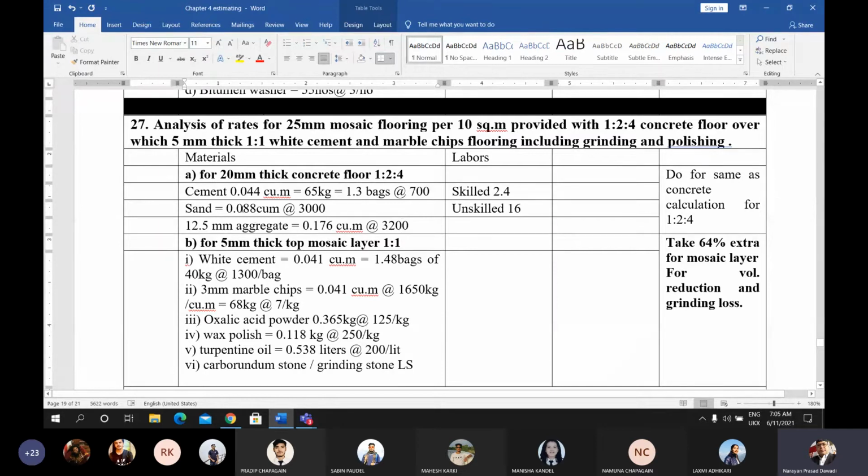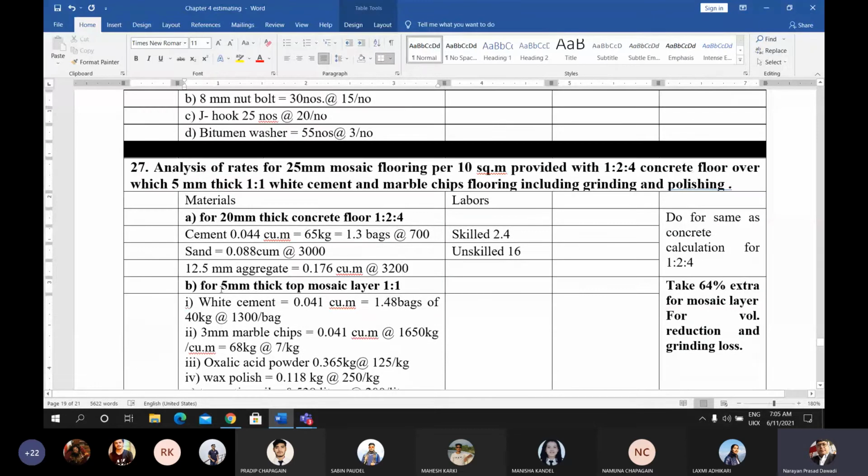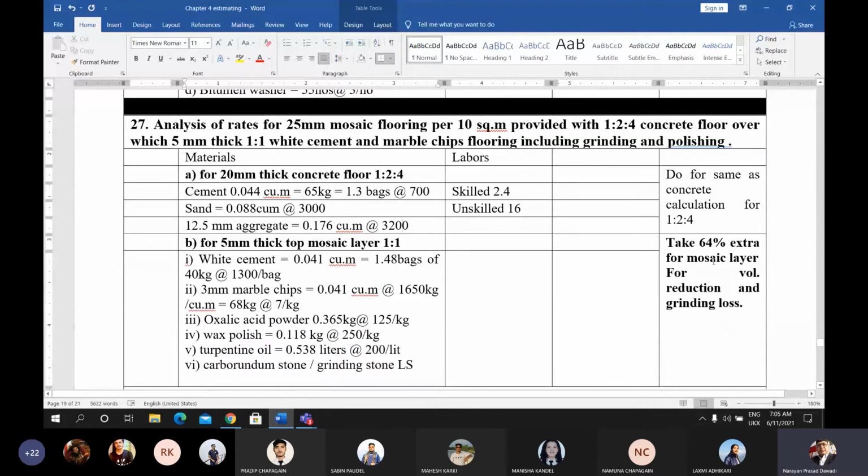Now, the calculation of the cement, sand, and aggregate required for the concrete is the same as the concrete calculation for 1:4. Okay, and for the mosaic layer, the volume reduction and the grinding losses will be 64% extra. That is 1:1 here. The thickness is 5 mm, so 0.005 into 10 gives you the volume of the mosaic layer, and multiply that volume by 1.64. You will get the dry volume, and that is divided by 2.